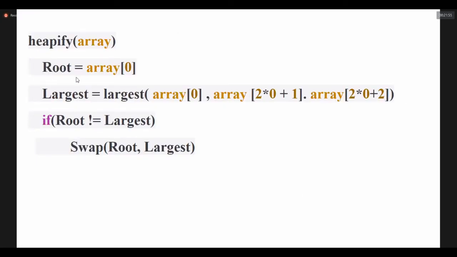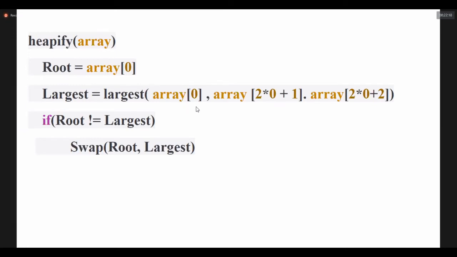So take the root, array of 0. Next, you have to find the subtree: the root and its left child and right child. Which one is the largest? That becomes the root. So largest is equal to the root; we take a largest variable here.